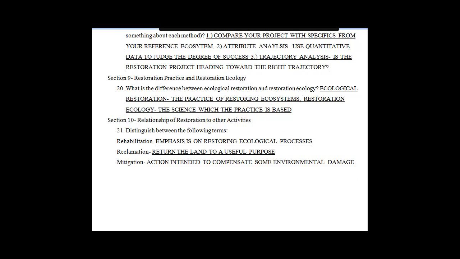And then the last thing I'll cover here just quickly, the difference between ecological restoration and restoration ecology. Ecological restoration is just the practice of restoring the ecosystem, where restoration ecology is actually based on a scientific approach, and it describes the scientific approach that you take to go through your various projects.